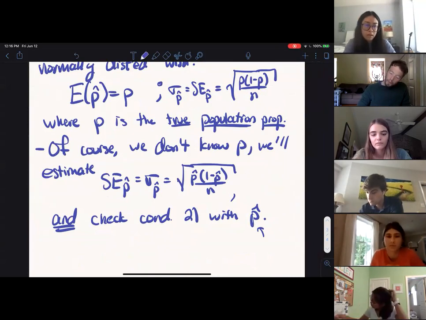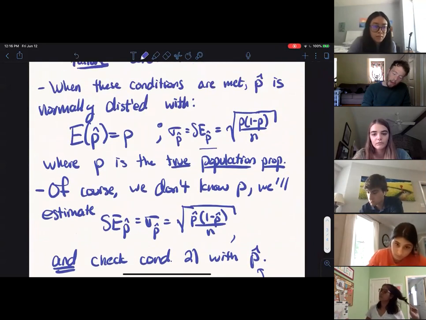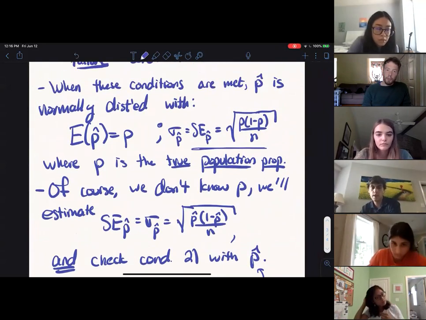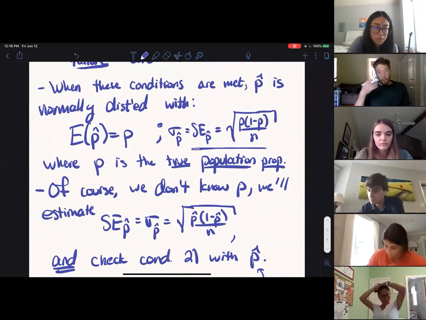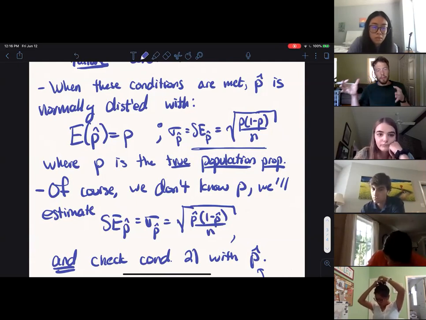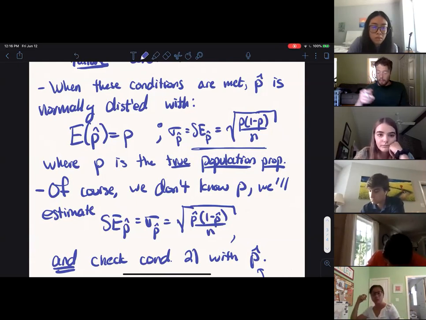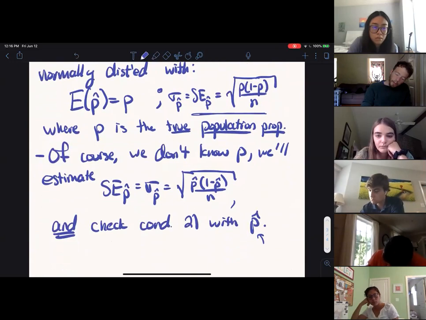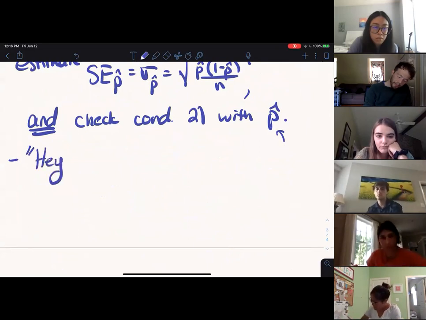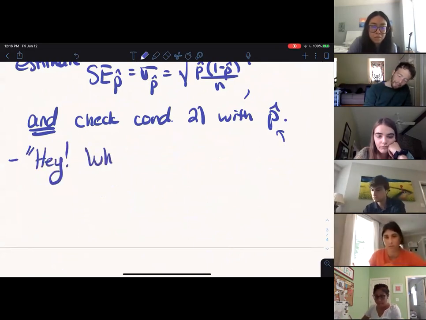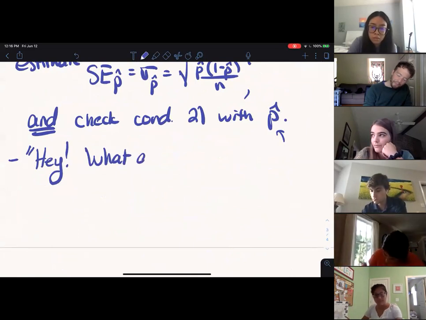So these are the conditions for inference, and this is the standard error associated with the population proportion. It's sort of new, right? We're looking now at a new tool, but all the same framework and all the different things that we need are all the same. Let me return to this success failure condition. So we checked some conditions, but what about sample size?